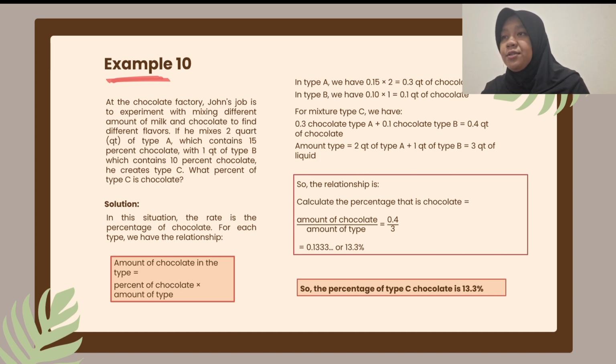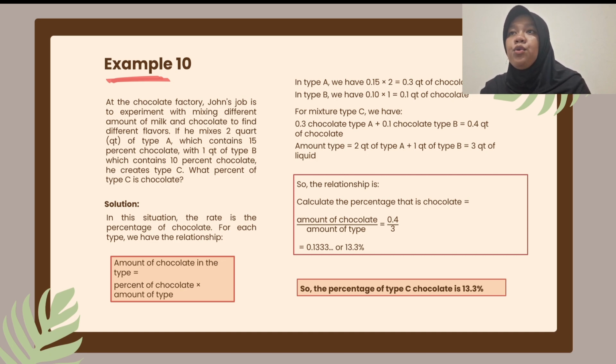In this situation, the rate is the percentage of chocolate. For each type, we have the relationship: the amount of chocolate in the type is the percent of chocolate times the amount of the type. Okay, in type A, we have 0.15 times 2 is 0.3 quarts of chocolate.